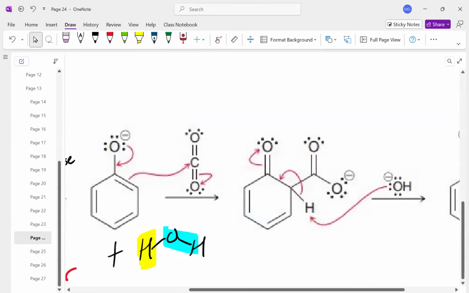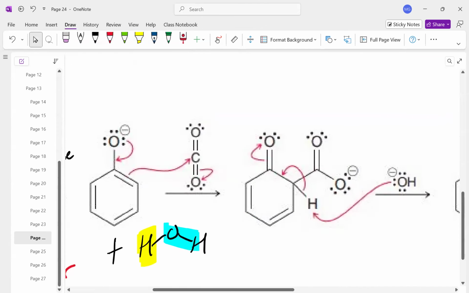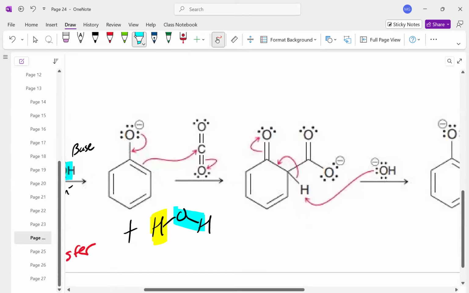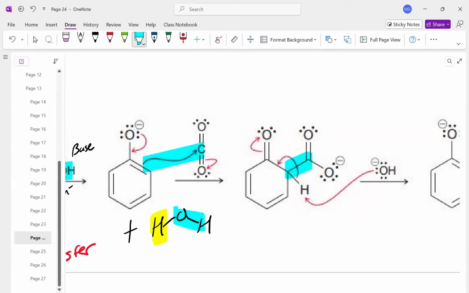Okay, again, kind of focus on the arrows. Notice how we're making a bond here from one of these carbons to that carbon of CO2. There's a new bond right there. Well, think about that carbon bond right there.